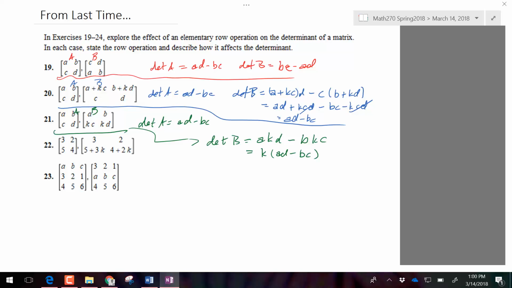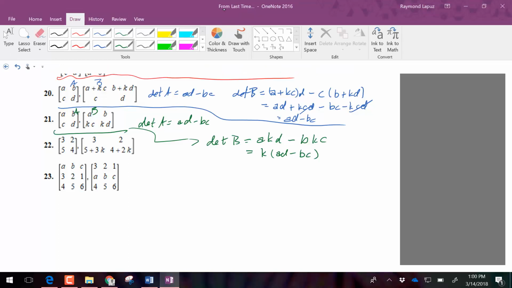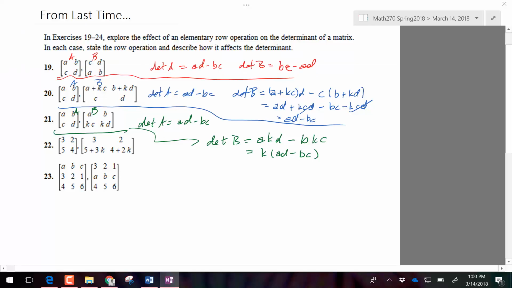For the sake of practicing, do you guys want to do number 23? This is a 3 by 3 matrix, so the determinant will take a little bit more work. Let's practice finding the determinant of a 3 by 3 matrix. So we have A and B. I don't see any nice zeros here, so for A, let's expand on the first row.